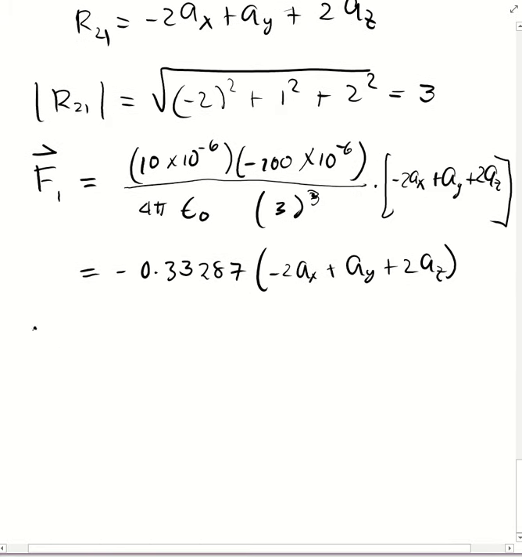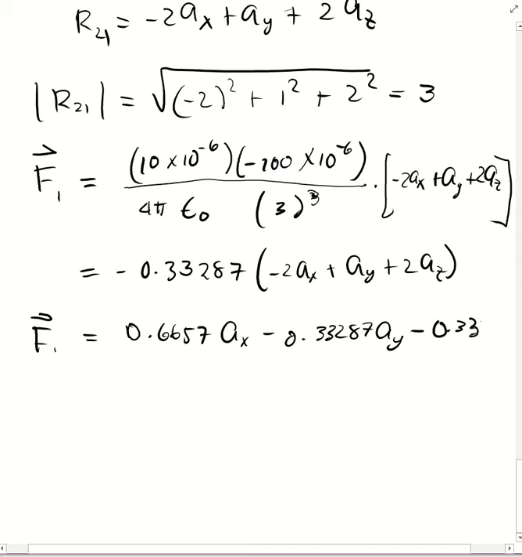Then we distribute that, so vector F1 will be equal to, multiply it by negative 2, so negative, negative, so this should be positive 0.6657ax, then minus 0.33287ay, then minus 2 times that one, 0.33287, or it should be 0.6657 times 2, az.